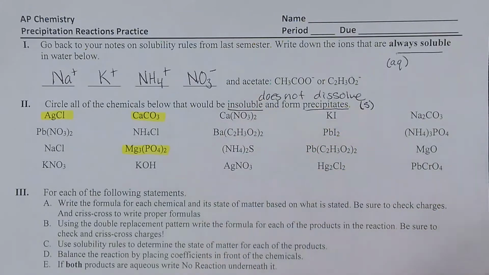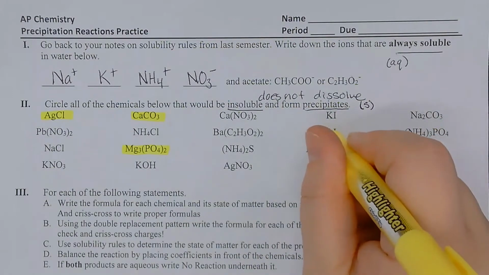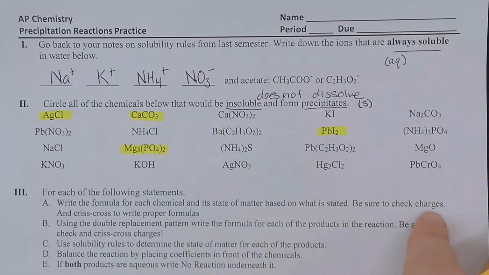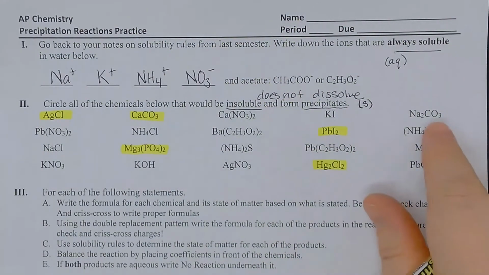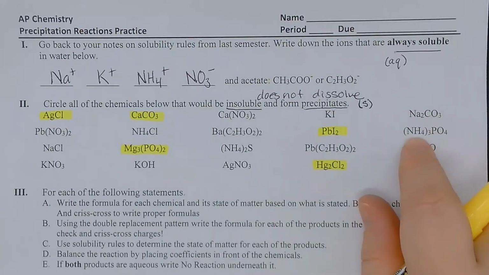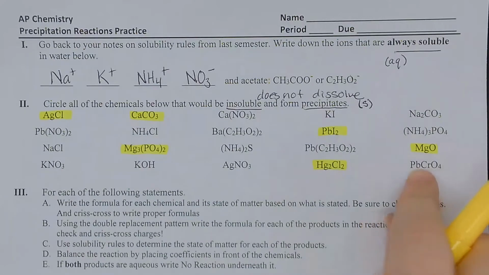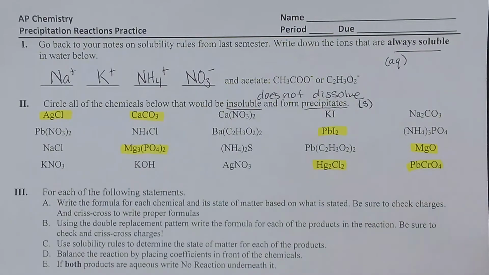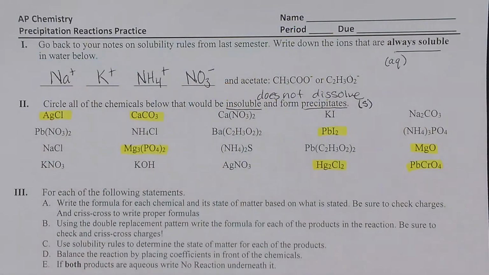All of those are soluble, so everything dissolves. Potassium causes that to dissolve. Lead iodide would not dissolve, but lead acetate would because of the acetate ion. Mercury chloride would not dissolve. Sodium carbonate would dissolve. Ammonium phosphate would dissolve. Magnesium oxide would not. And lead chromate would not. So those are our solids that would form. Everything else has one of these ions and would dissolve.